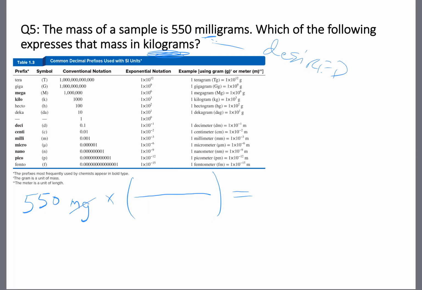Now, if I'm going to work it the different way, the approach is going to be that we're going to convert back to our base unit. In this case, that's going to be grams. So in my first calculation, I'm going to ditch my undesirable milligram unit.